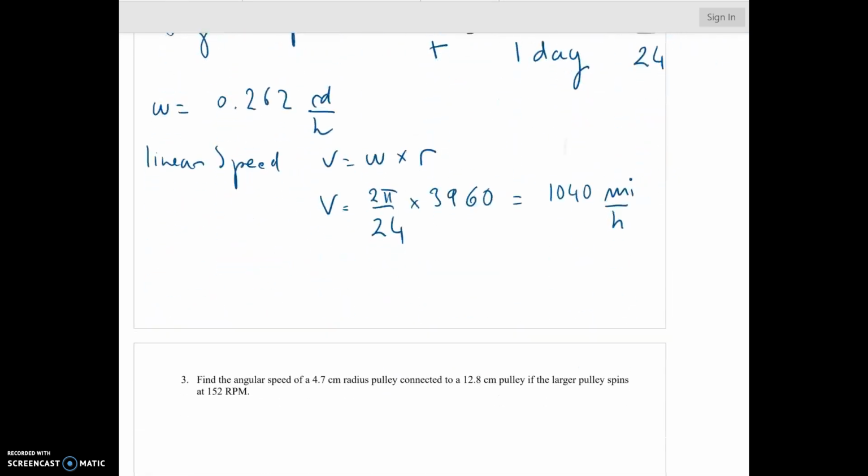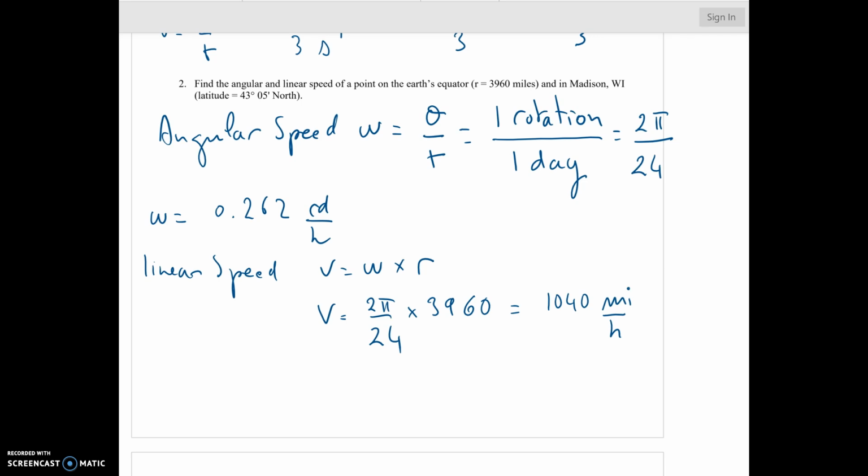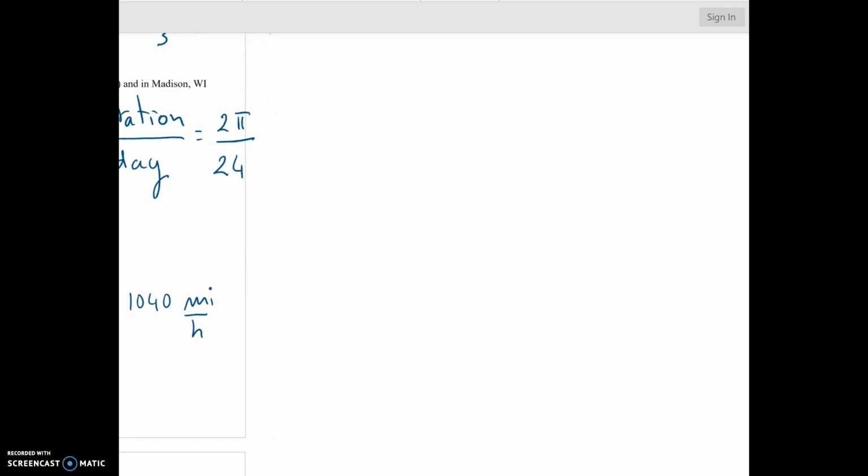Now, that was the calculation for a point on the equator. But do we have the same thing for Madison? Well, if I draw a picture of Earth, and Madison is right here, that was the equator.